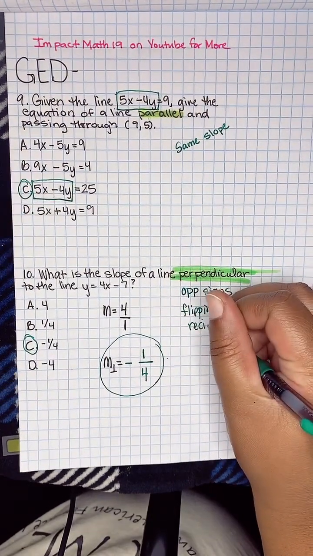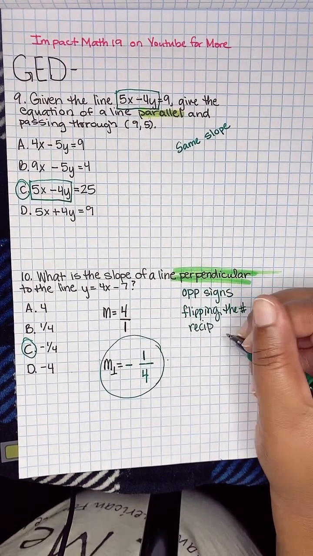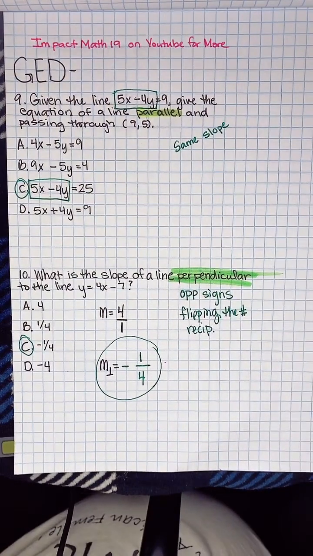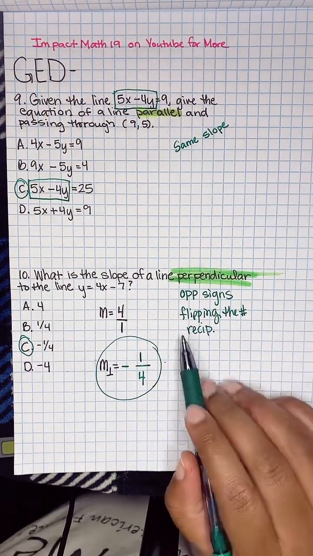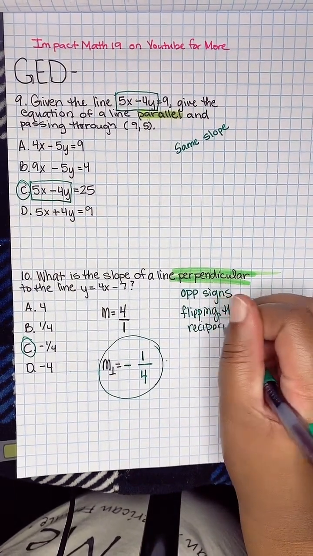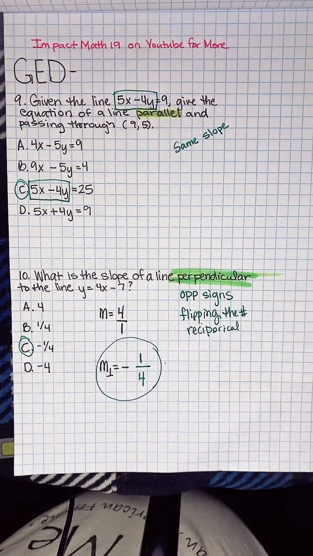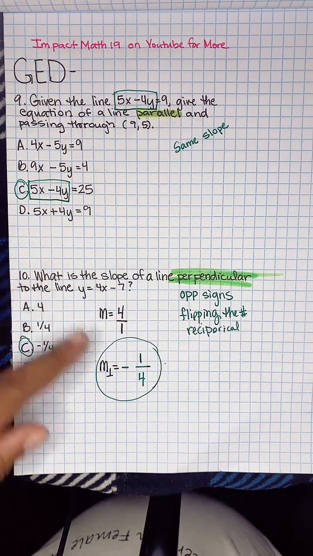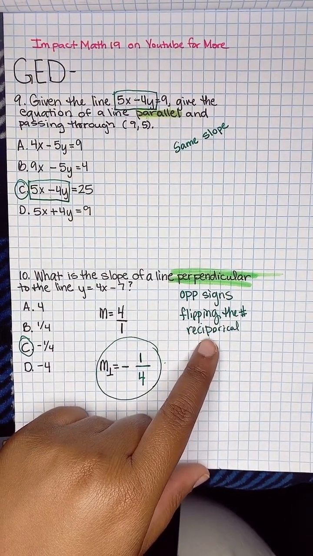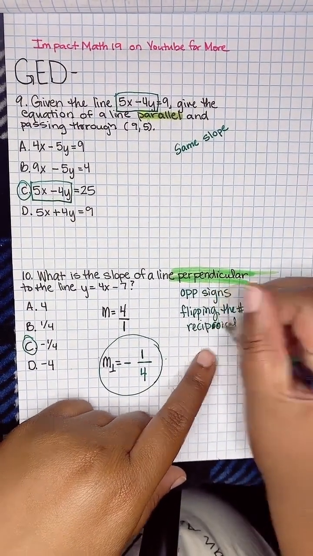Ooh, I'm not the best speller, you guys. Somebody put it in the chat, reciprocal, okay? That's why I'm a math teacher, not English, okay? So you have to do it's called a reciprocal. Reciprocal, am I spelling that right? I don't know. Thank you, you guys. You guys are awesome. RECIPRO.